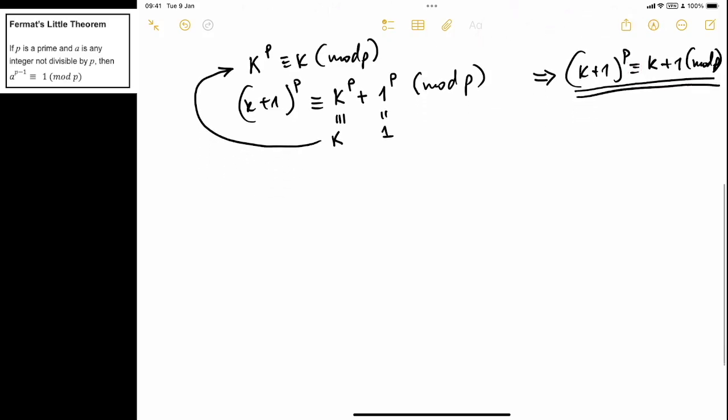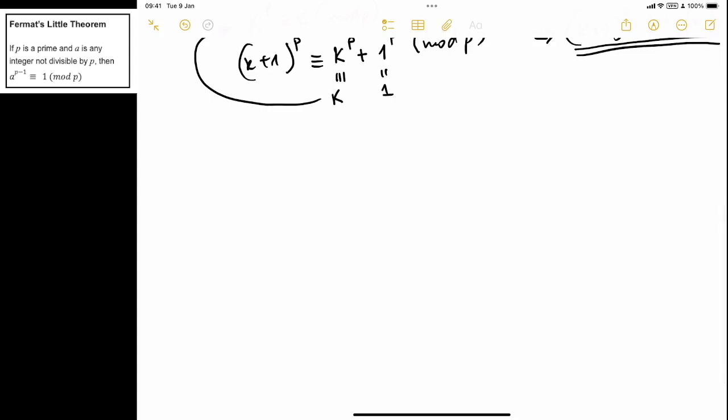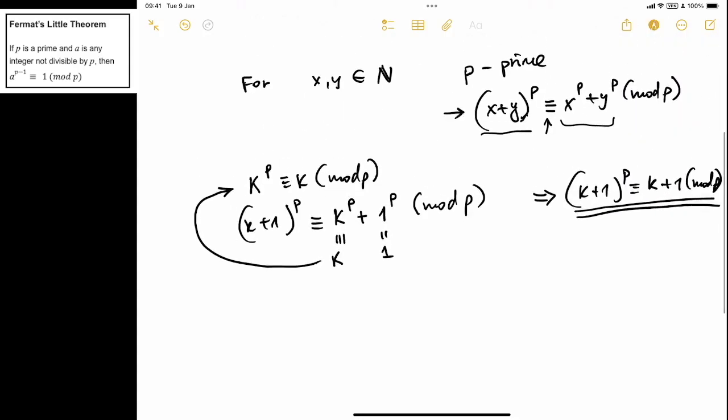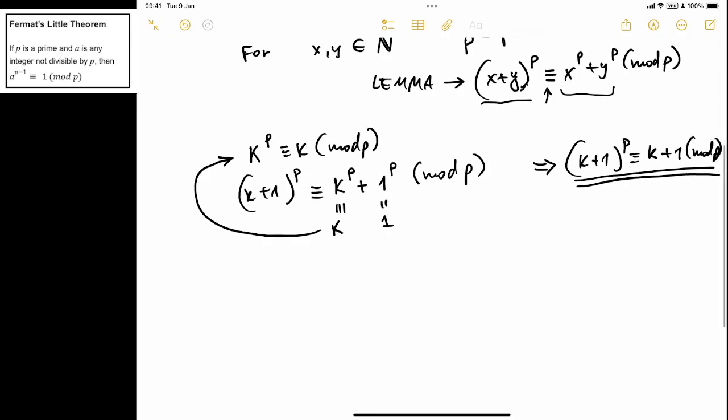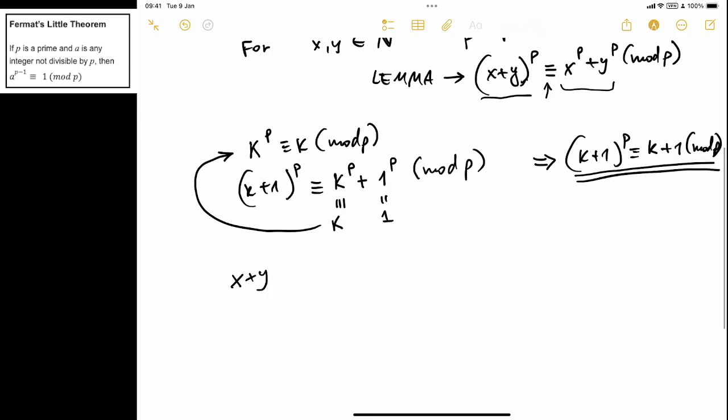So the theorem is proven. Now we need to prove the lemma, that x plus y to the power of p equals x to the power of p plus y to the power of p modulo p if p is prime. We need to apply the binomial theorem. So x plus y to the power of p equals the sum from 0 to p.